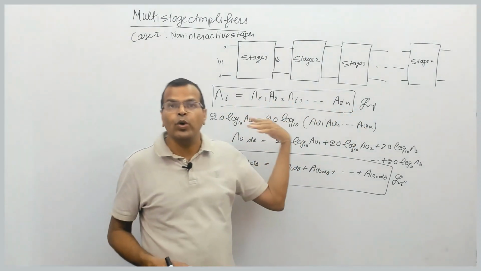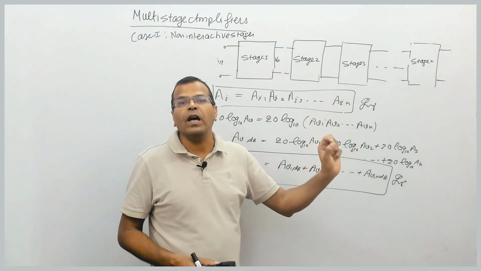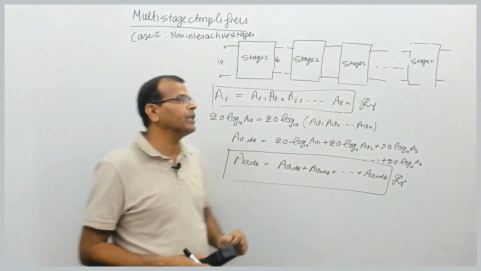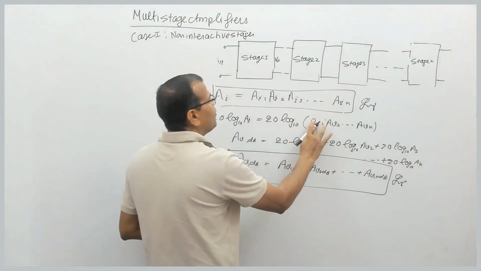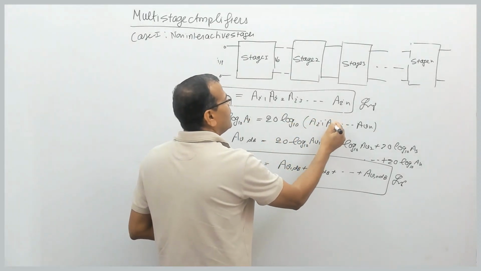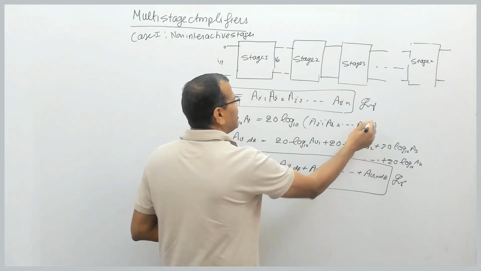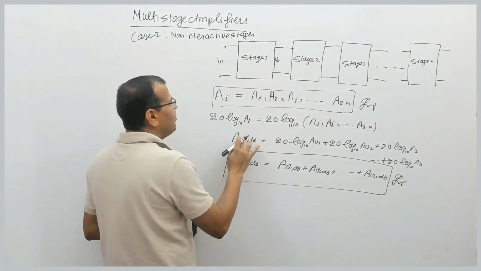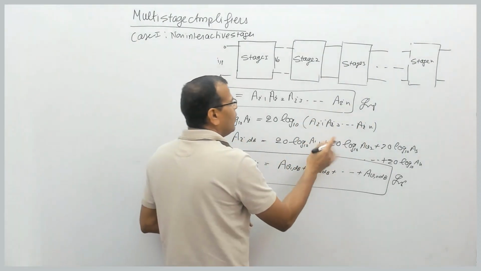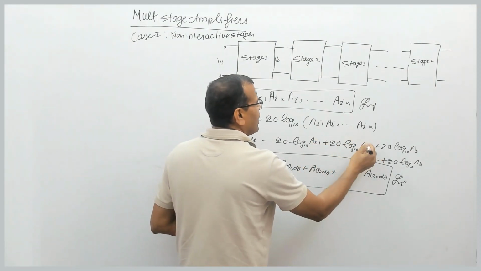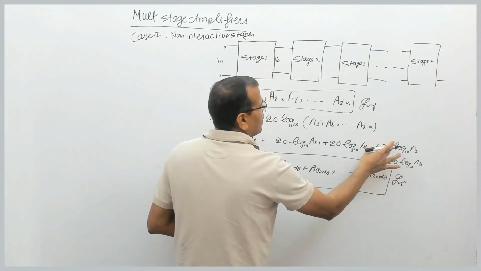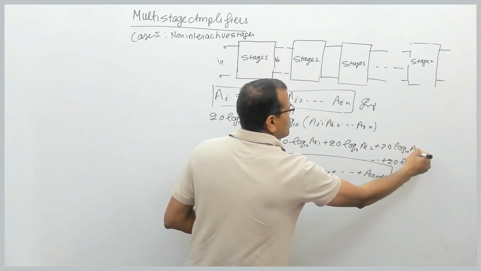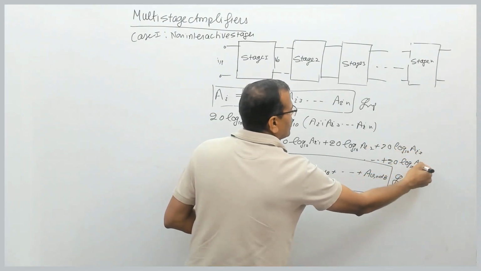Everything otherwise goes similar to what we have discussed in the case of voltage gain. The mathematics is exactly the same. This is the voltage gain and current gain of different stages.